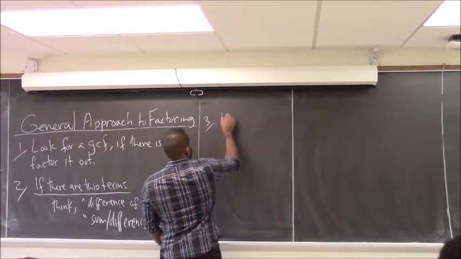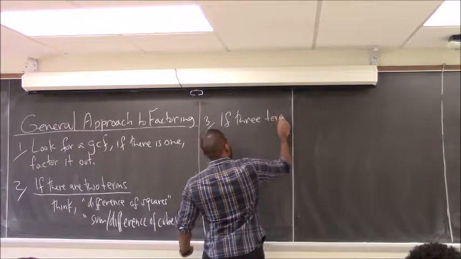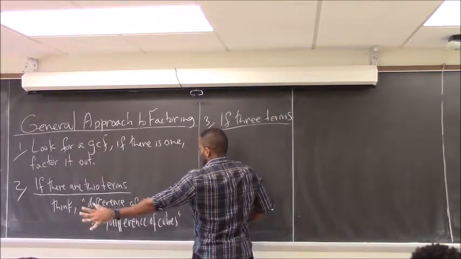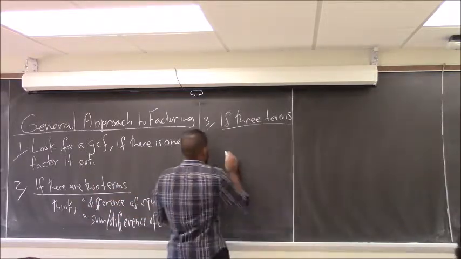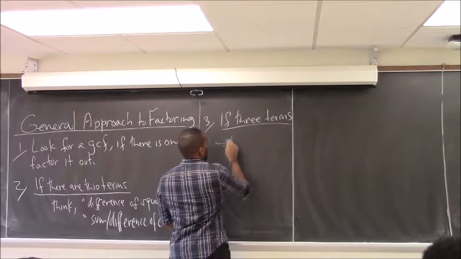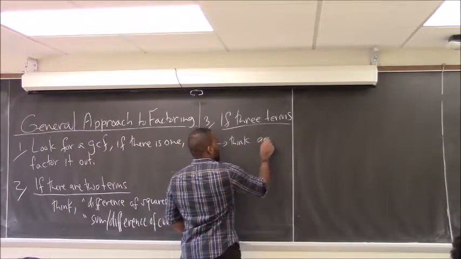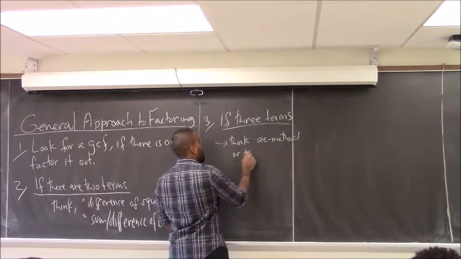Three. If three terms are the thing you're looking for, and again, GCF is always the first, but once you've factored out the GCF, then if there are two terms left over or three terms left over, you're going to think the same. Think AC method or trial and error.